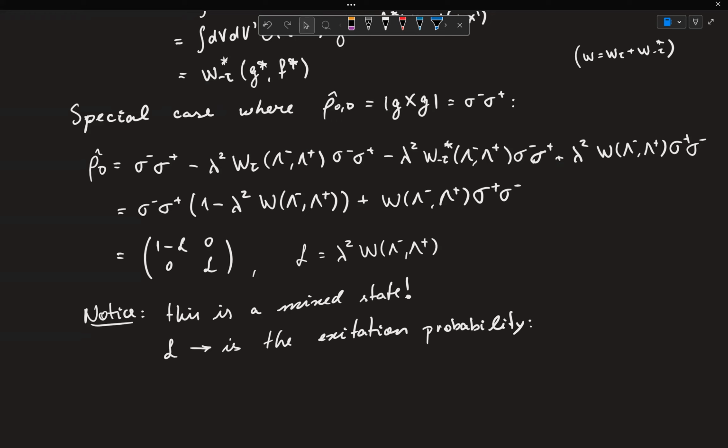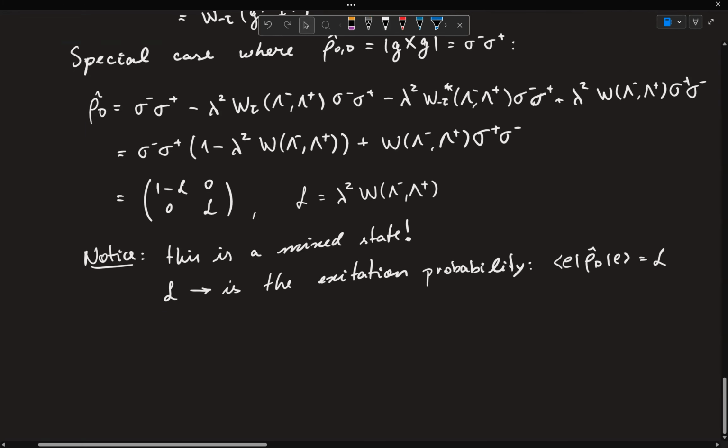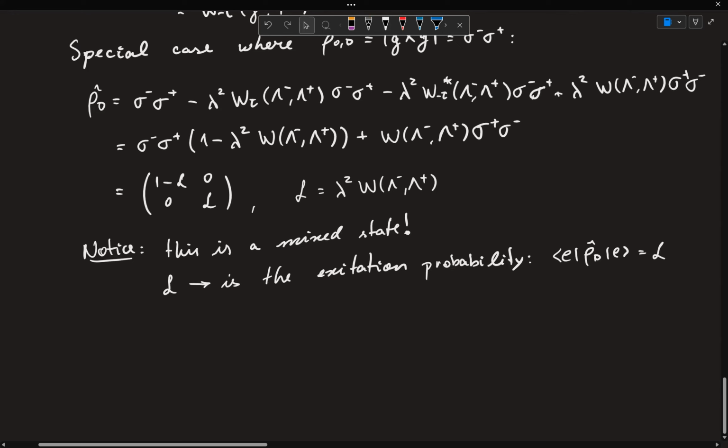You can see this because if you compute the expectation value of the excited state in rho D, then you get L. So it started in the ground state, so probability in the ground was 1, and the rest was all 0. With the interaction with the field, it became 1 minus L and L. And that's what we got in the end.